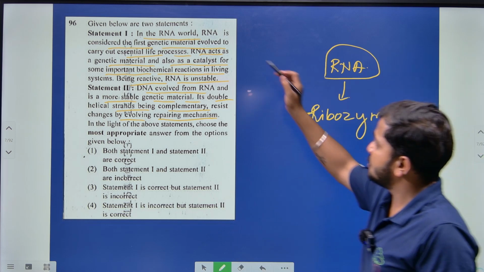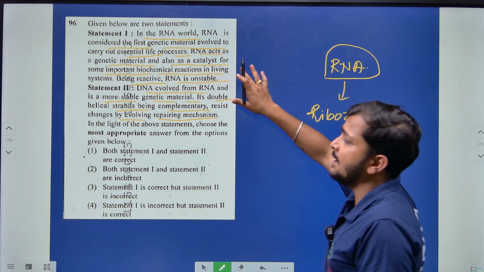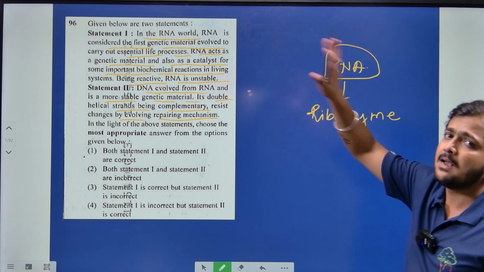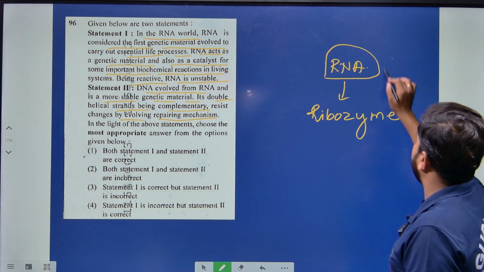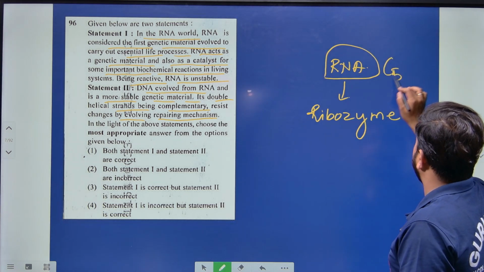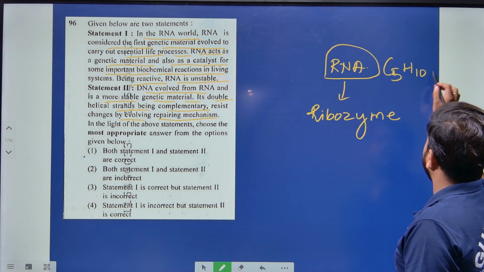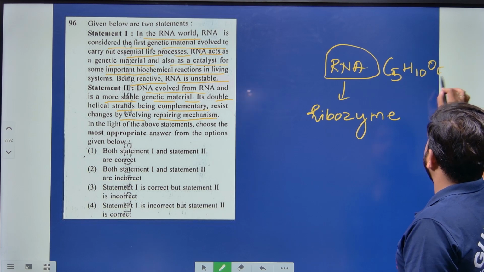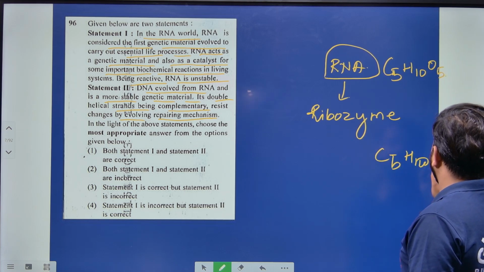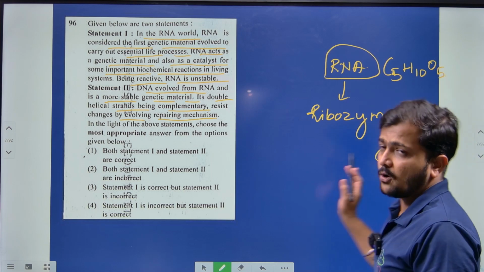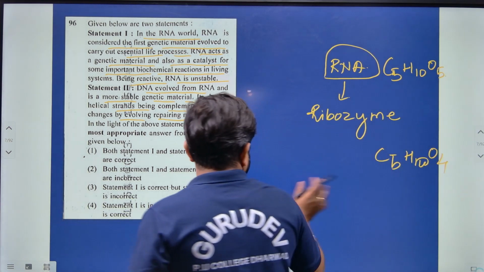According to this, stability wise, RNA is an unstable molecule. As we know, the molecular formula of the pentose sugar in RNA is C5H10O5, and for DNA it is C5H10O4. So one oxygen is less inside the DNA.